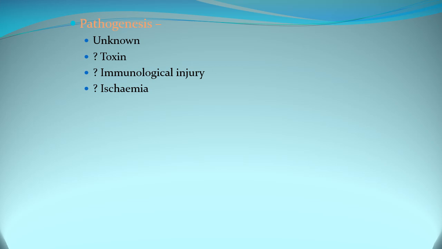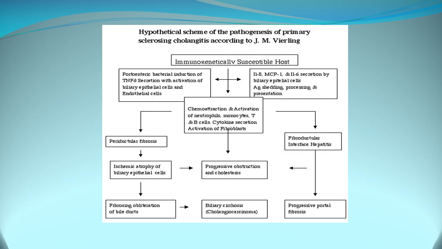Pathogenesis is mostly unknown, but there is a combined reaction of toxin, immunological injury, and ischemia. There is a hypothetical scheme of the pathogenesis of this PSC. An immunogenetically susceptible host is there, and infection occurs. So this infection leads to interleukin factors, tumor necrosis factors, and activation of the epithelial cells and the endothelial cells.